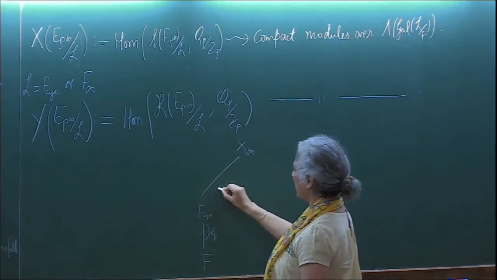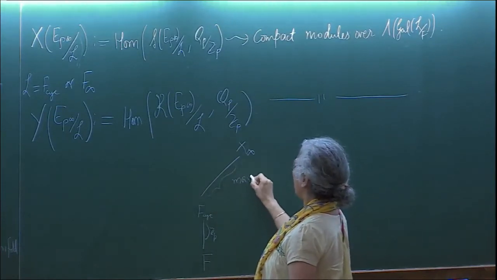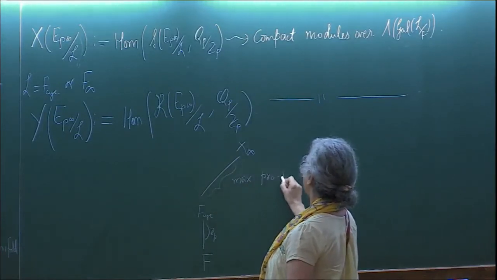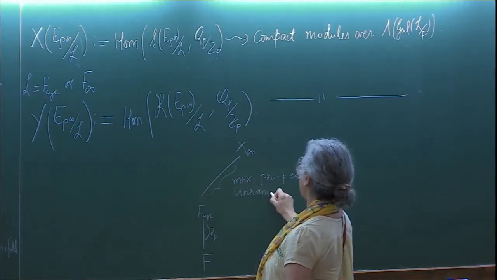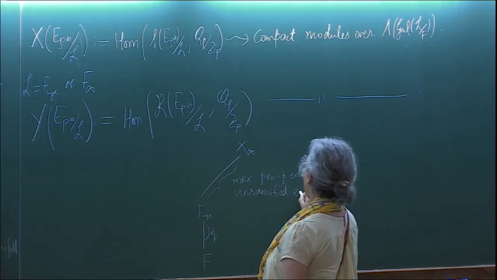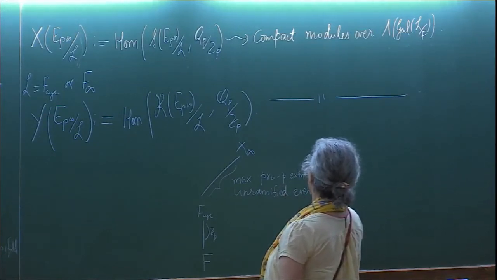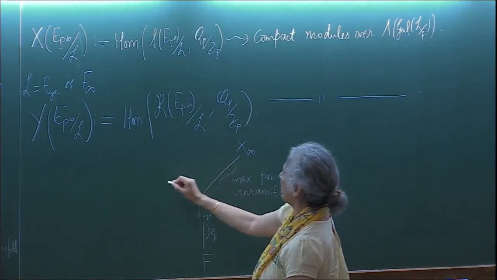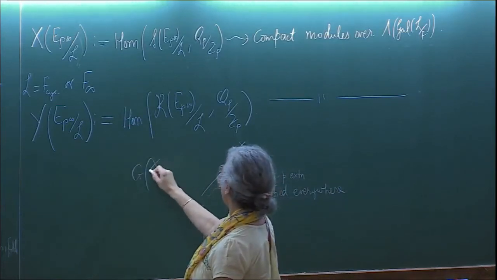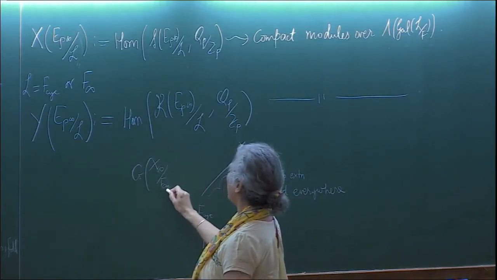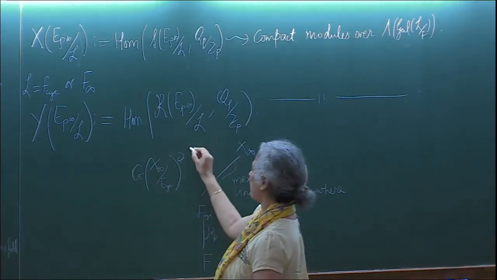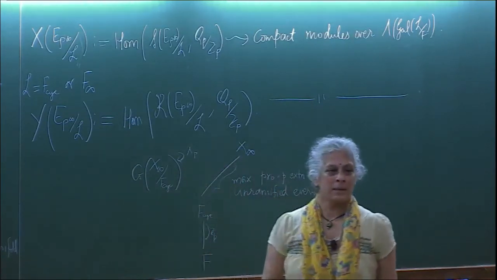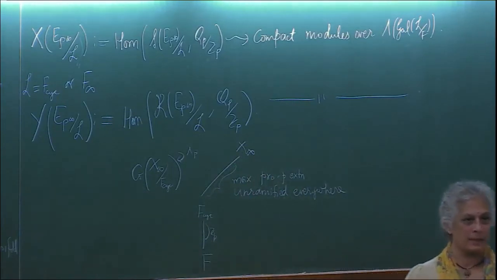So this is the maximal pro-p extension, unramified everywhere. And take this Galois group, so Galois group of X infinity over F cyclotomic. Now this becomes a natural module over this Iwasawa algebra, Lambda of Gamma, and this was what Iwasawa and many others studied.